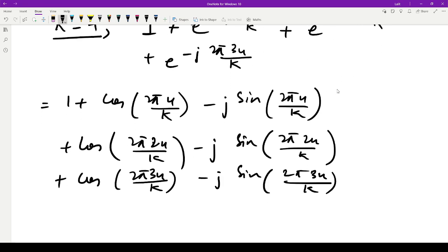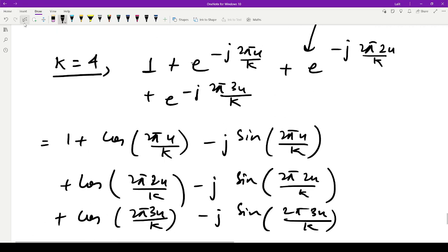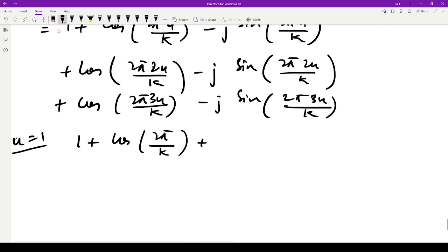So now take any specific value of u to understand this. I will take u equals 1 for it. If you take u equals 1, what happens? I'll just write it again. I'll take all the similar terms nearby. This is cos 2 pi by K. So I'll replace K equals 4 as well to get specific values.